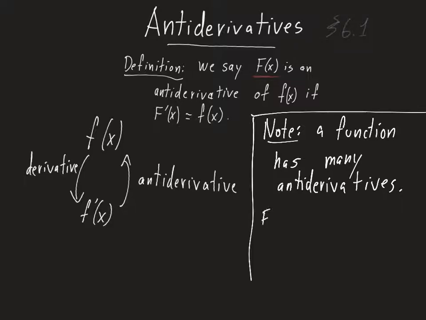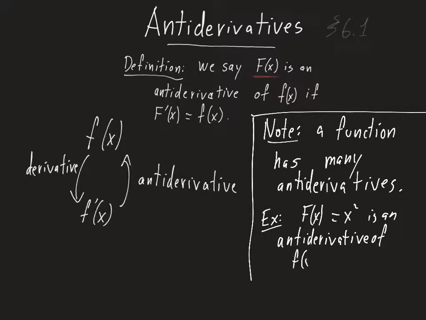So, for example, if I take the function x squared, this is an antiderivative of the function 2x.